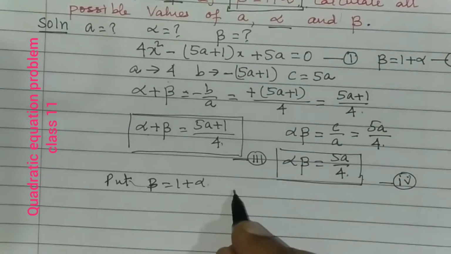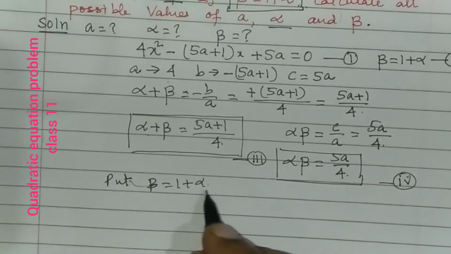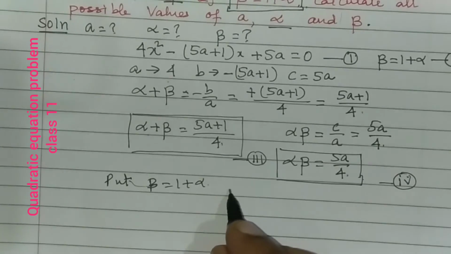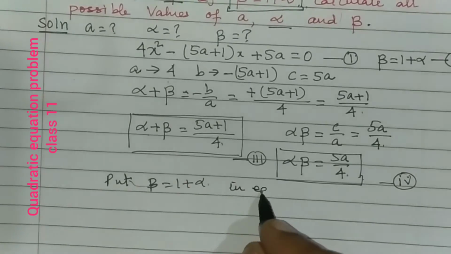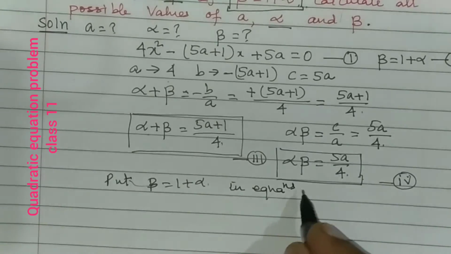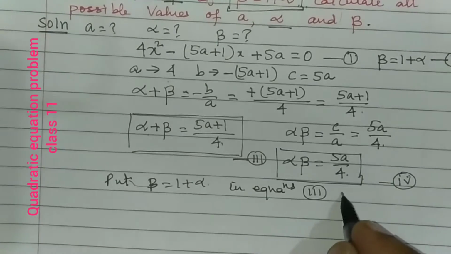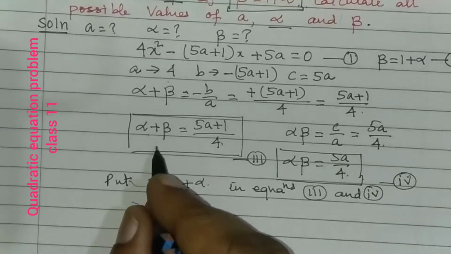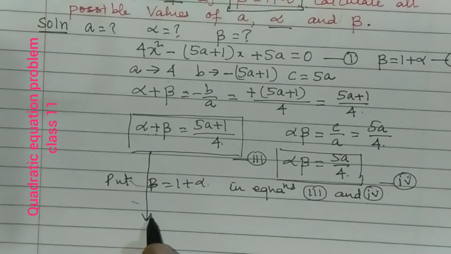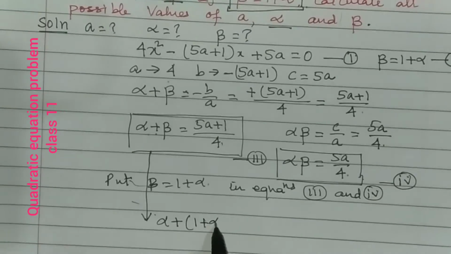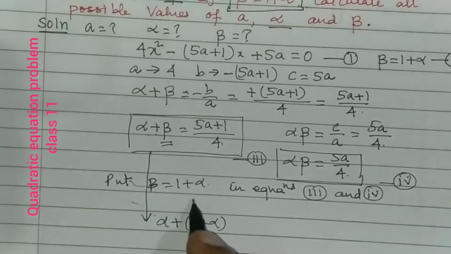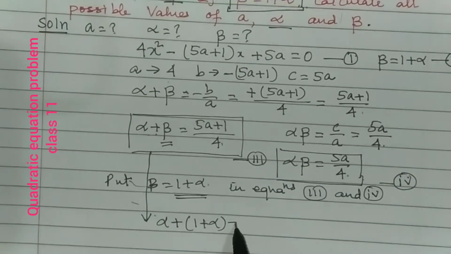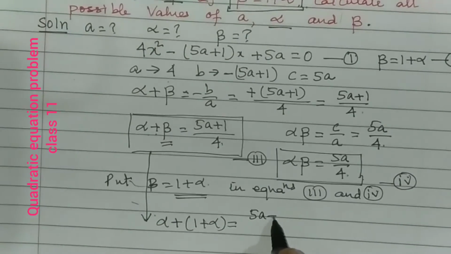So putting the value beta is equal to 1 plus alpha in equation 3 as well as in equation 4. So from here we can write alpha plus 1 plus alpha. देखिए यहाँ पे बीटा की जगह में 1 plus alpha पुट कर देंगे, it is equal to (5a plus 1) divided by 4.